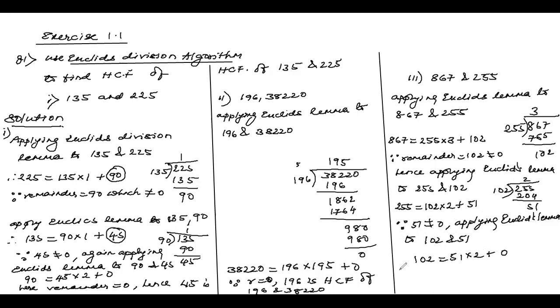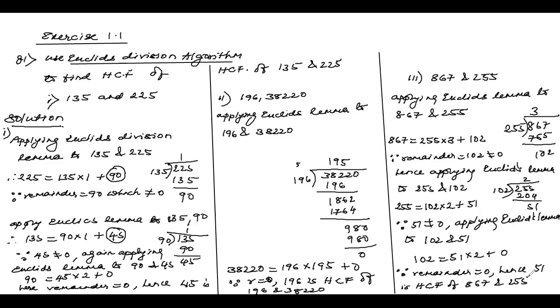Now, since remainder is equal to 0, hence the divisor at this stage, 51, hence 51 I can say is the HCF of 867 and 255.